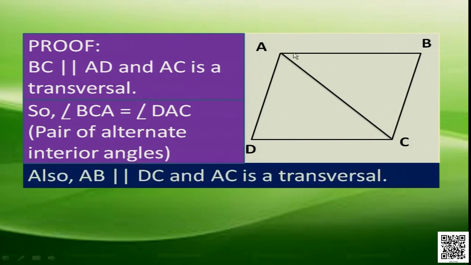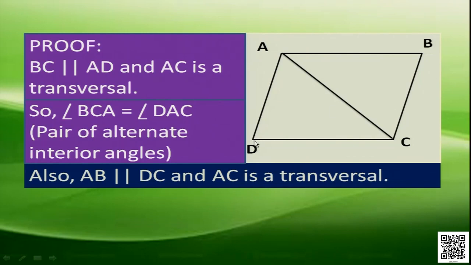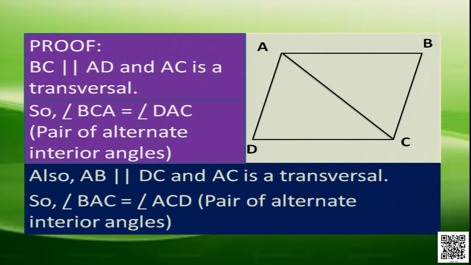Also we have AB parallel to CD and AC is the transversal, so angle BAC is equal to angle ACD. This is also due to a pair of alternate interior angles. So, these two are also equal.